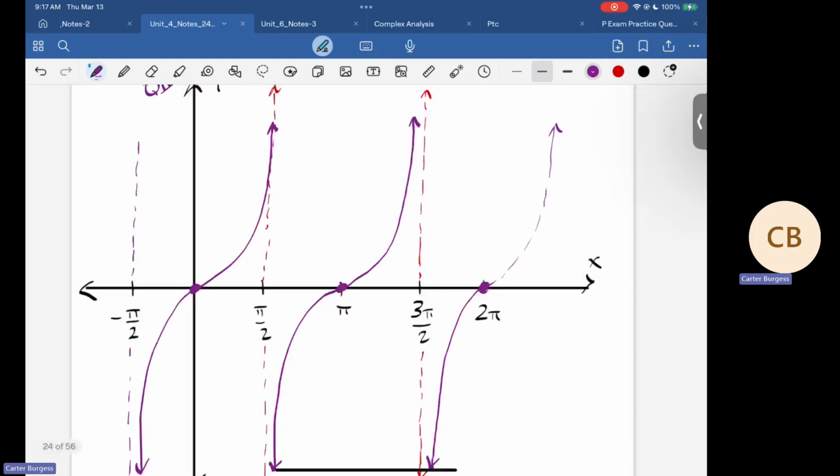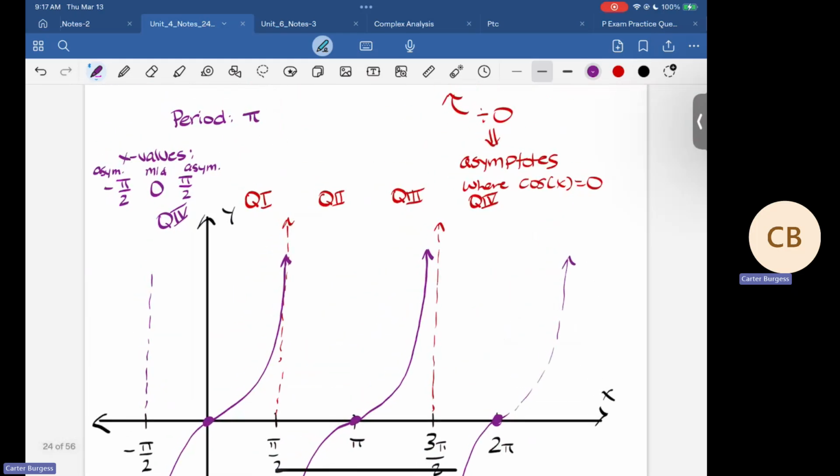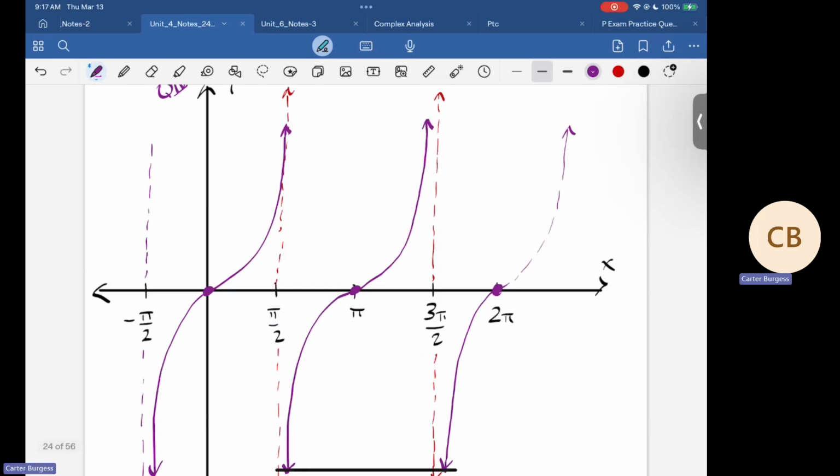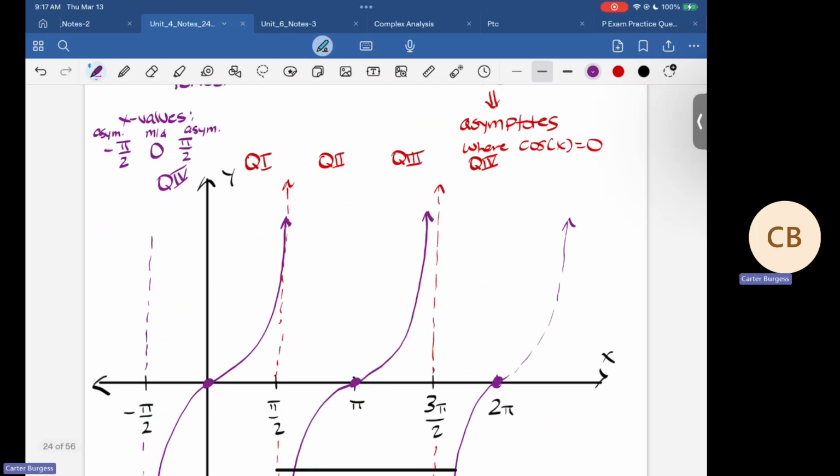We don't really have maxes or mins here, so there's less that we have to worry about. We don't really have to track those y values quite as well. But those are the main three, and then it's almost like an x cubed function between those values.